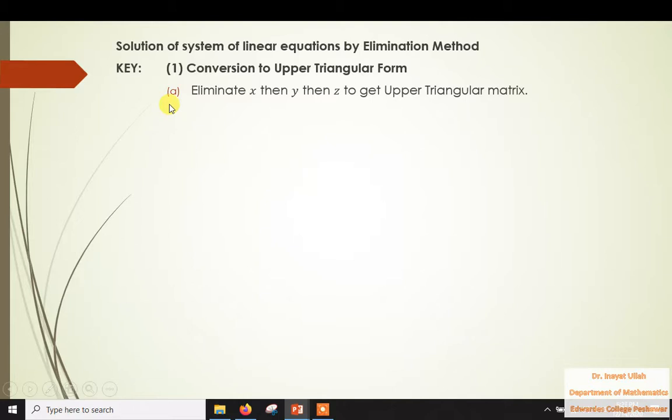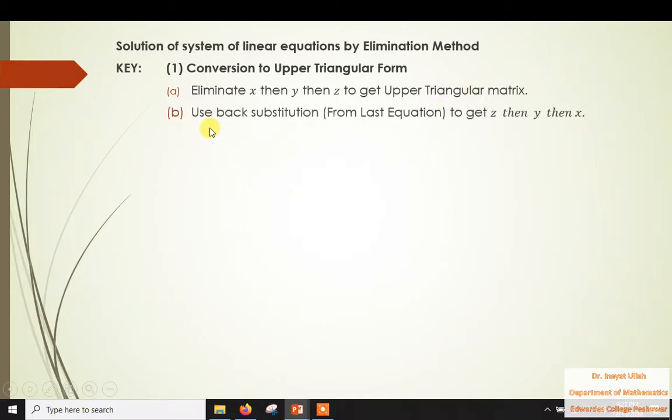The first step is we need to eliminate x, then y, then z to get an upper triangular matrix. So when we eliminate x first, then y second, then z third, we will get an upper triangular matrix.